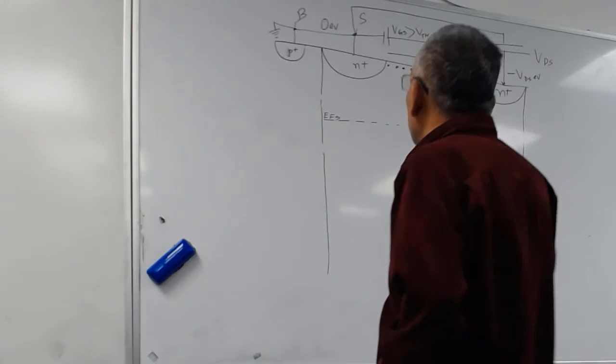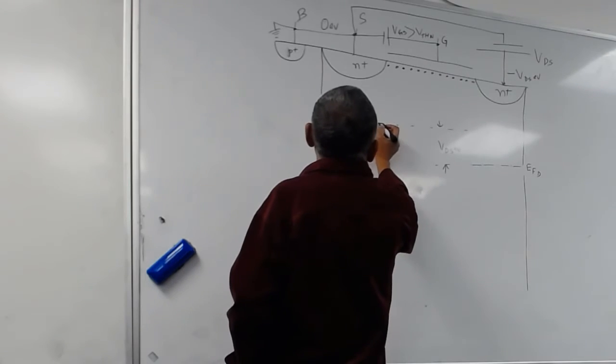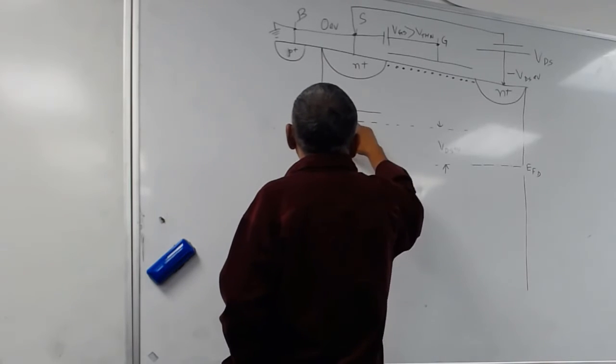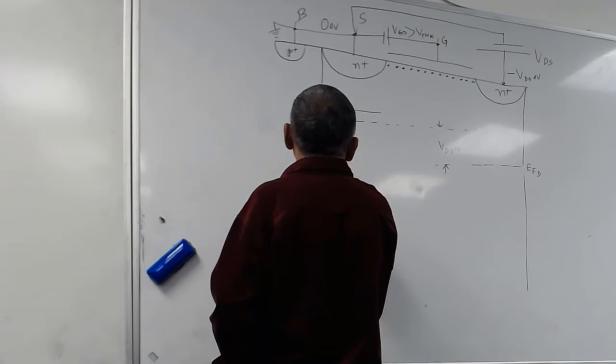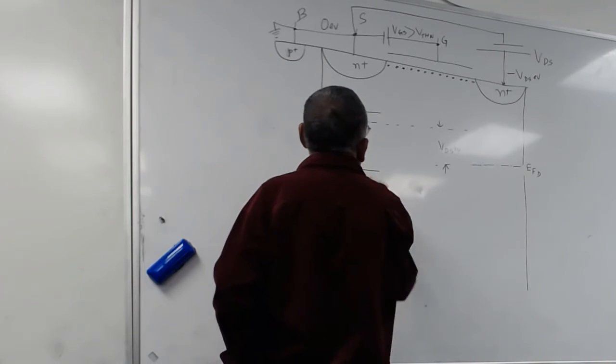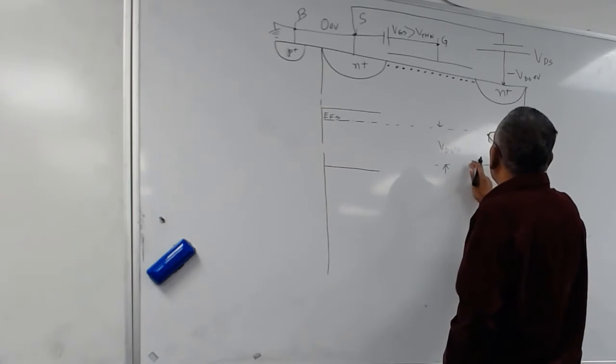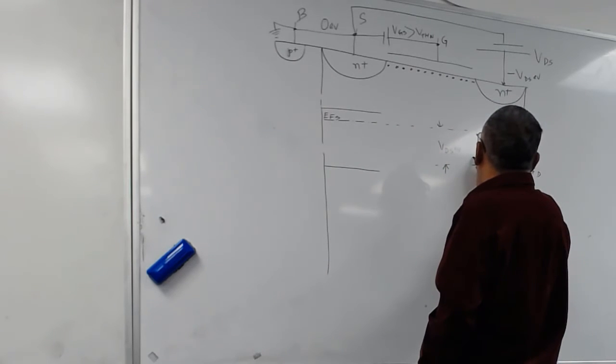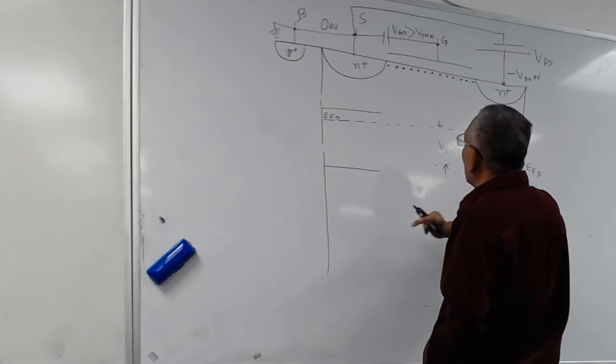Okay. So if you draw your lines here, you can go up to here. Make a gap this much, whatever you want. And then here, make the same gap. This will be again N type, same diffusion. So you have a conduction band here.